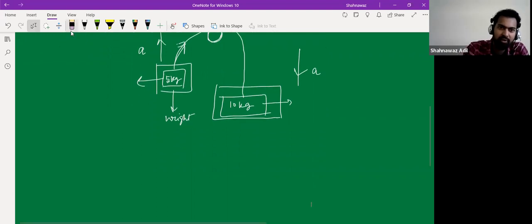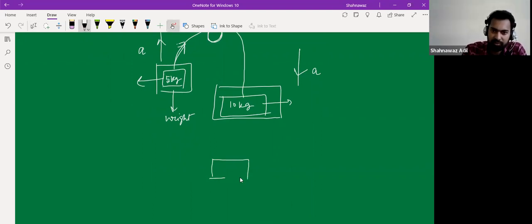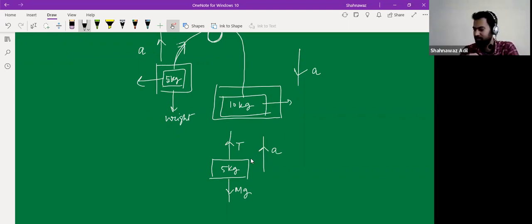Okay. So the 5 kg block. So one is tension, right? The other one is the weight and the acceleration is what? So are there any more forces acting on this block?